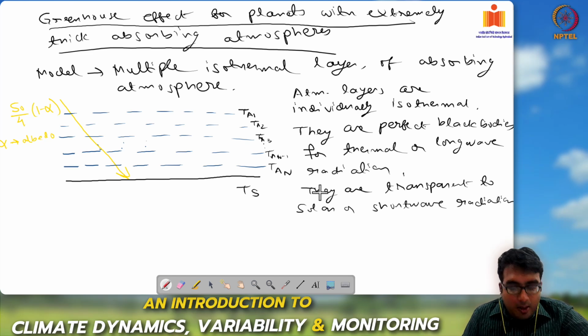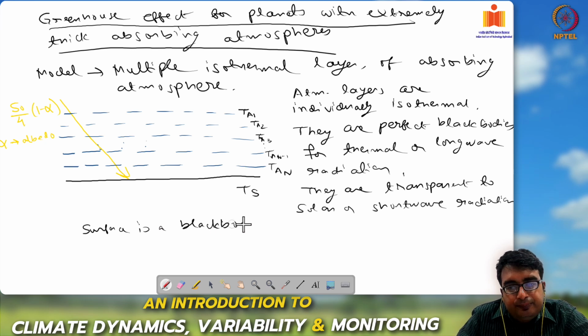Okay. So then we will treat each of these layers as we have treated before. Each of these layers will emit upwards and downwards at a rate of sigma into TA1 to the power 4 watt per meter square. The surface also is a perfect black body. So surface is a black body for thermal radiation.